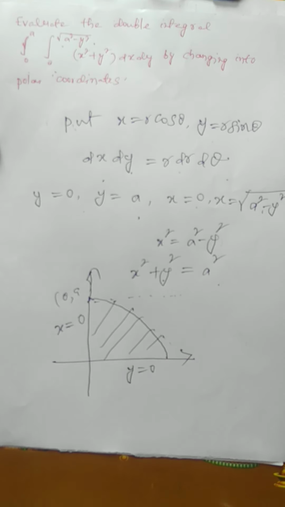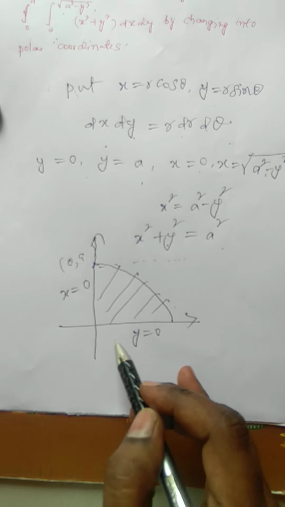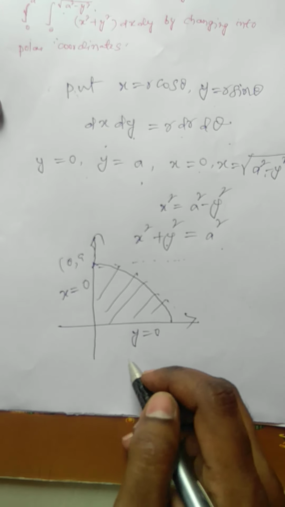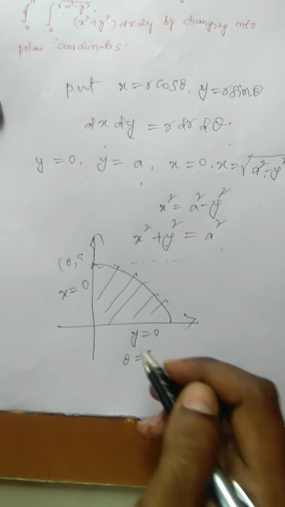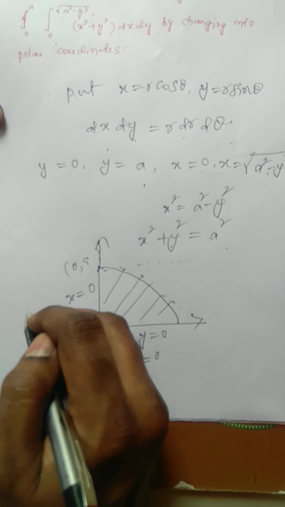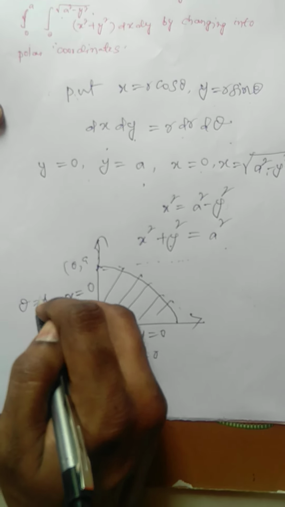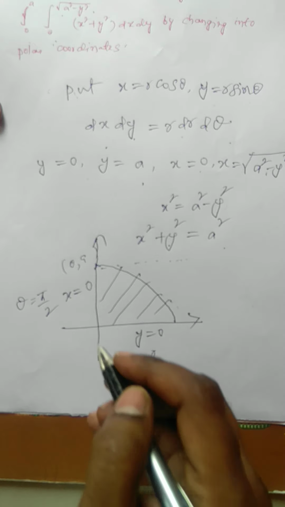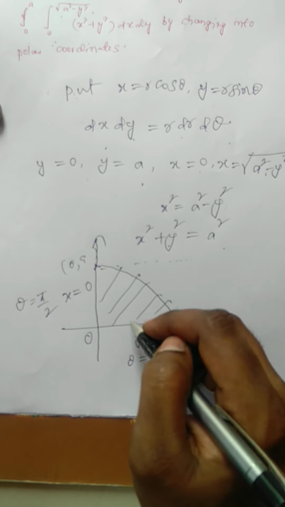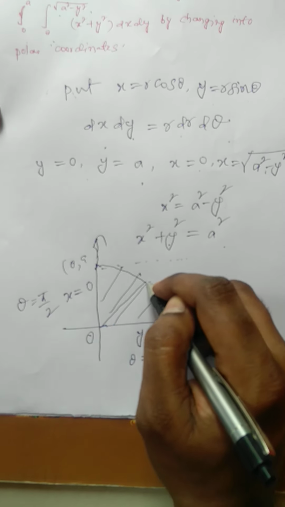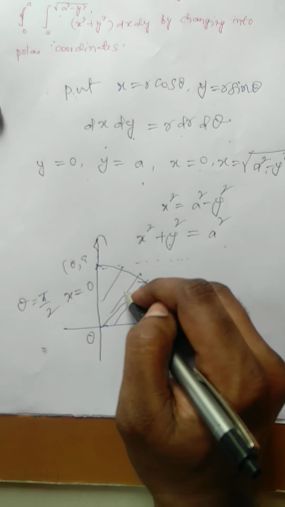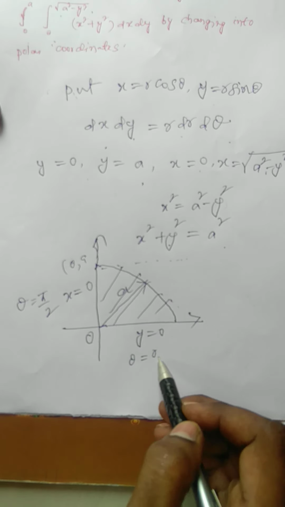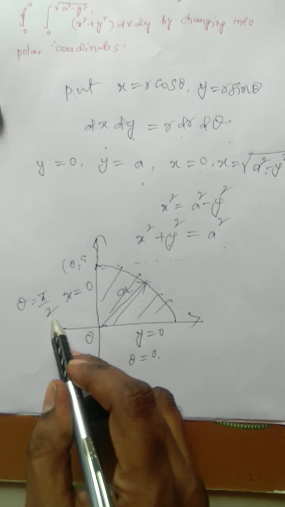Now we can find the new limits for r and theta. This is the initial line, theta equals 0. This is the perpendicular line, theta equals pi by 2. This is the origin, and the radius is a units. Now theta equals 0 to pi by 2, we find the new limits for theta.